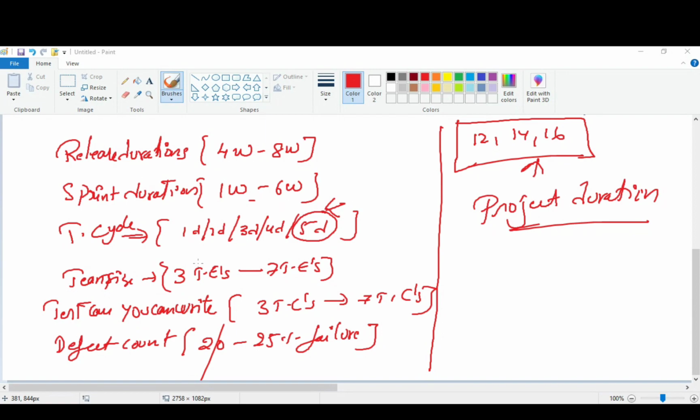First, do the calculations. Try to do the calculations. You will get it. Shraddha, these are the sample calculations you can take.